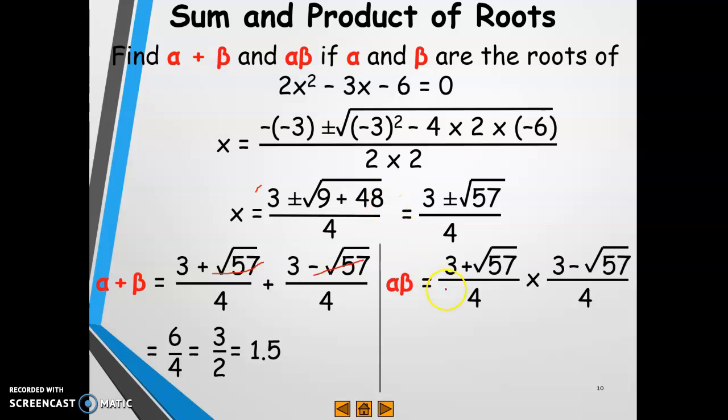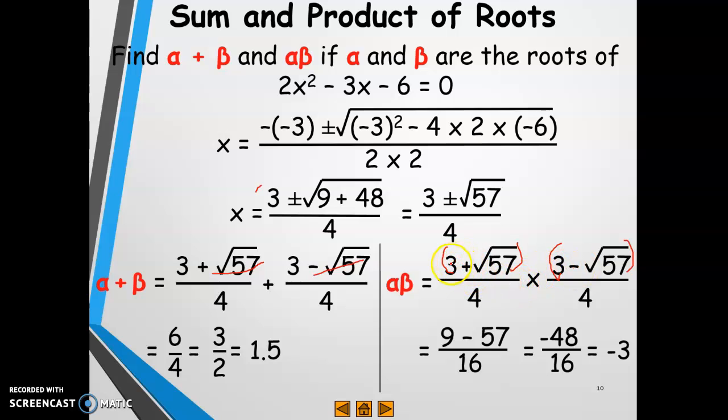If you want to get the product, simply multiply these. When you multiply fractions, you multiply numerator to numerator, denominator to denominator, so the denominator is 16. Now, if you notice, this is just the difference of two squares, a squared minus b squared: the same first term, the same last term, and only the signs in the middle differ, plus or minus.